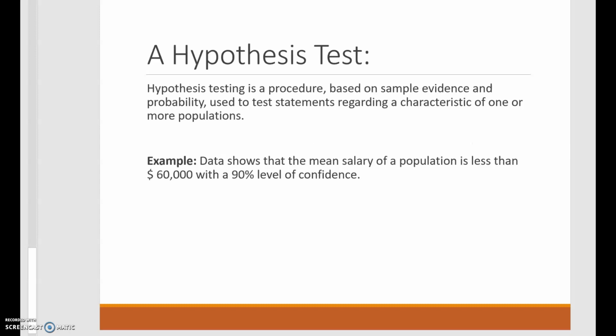Now, this is related to a hypothesis test. In a hypothesis test, the researcher has an idea because they probably have seen the data and they can infer that a parameter may be greater, equal, or less than a specific value. Once we run the proper test, then they can estimate that, in this case, same idea as the previous one, within a 10% error, the mean salary is less than 60,000.